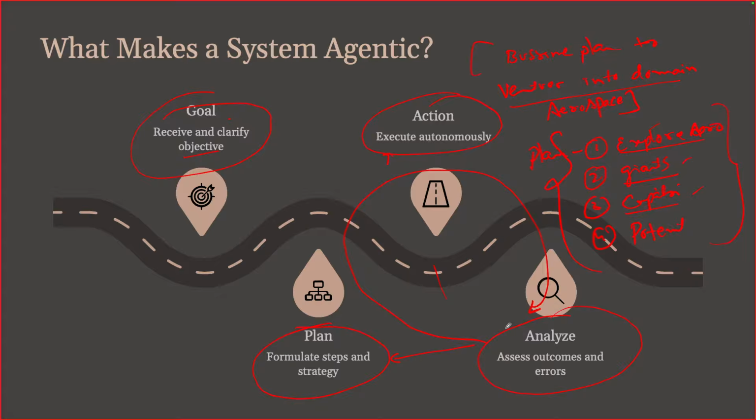Same thing happens in your agentic system. It first takes the goal, it plans, it takes the action, it analyzes. If it still sees that it's not in line, that something is not correct or missed, again it does these things. So it is not always that after analysis it goes to plan. It might directly jump to the actions also. That's why I'm saying it does not always jump directly to the plan and modify it, because that's what an agentic agent is.